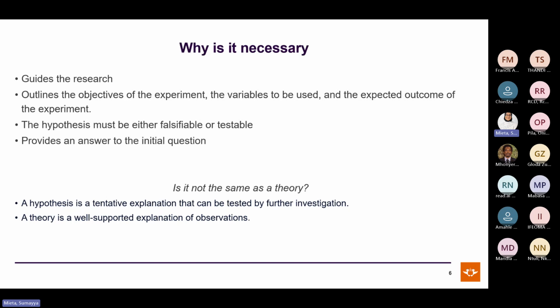So some of you might be saying, but then is this not the same thing as a theory? There is a slight difference in that a hypothesis is a tentative explanation that can be tested. Okay, and how do we test it? We do further investigations on this. Whereas a theory is an explanation of observations.